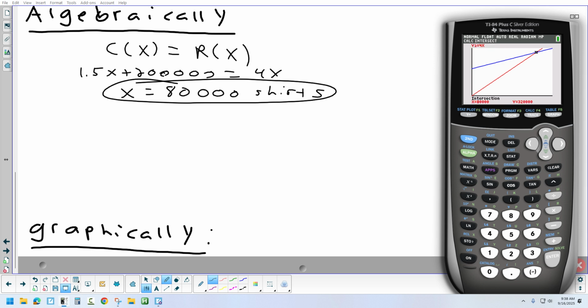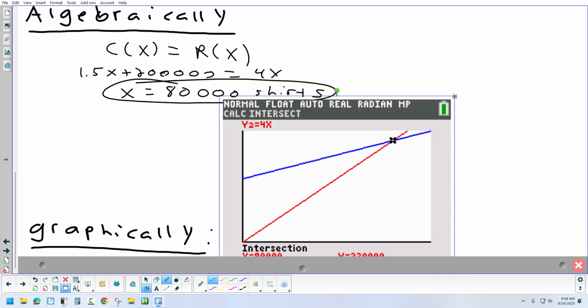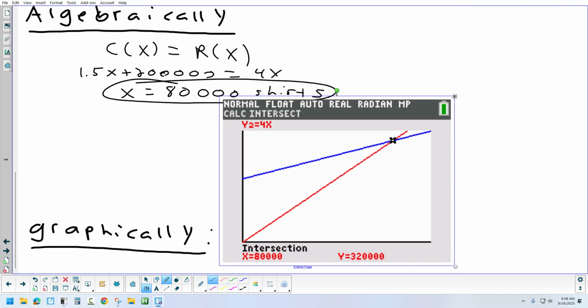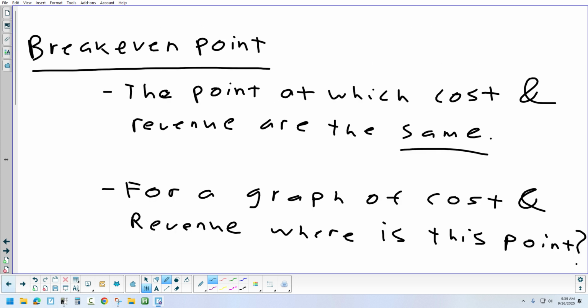So the intersection point comes out to 80,000 shirts, which is exactly what we got doing it algebraically. Okay. So any questions on finding a break-even point? Okay. So that finishes up 2.2.